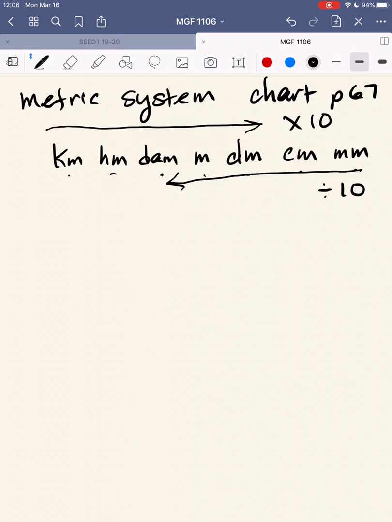If I look at page 70, I want to convert 8,000 meters to kilometers, which is km. That means I'm taking a smaller unit and going to a larger unit, which means I'm performing division by 10.